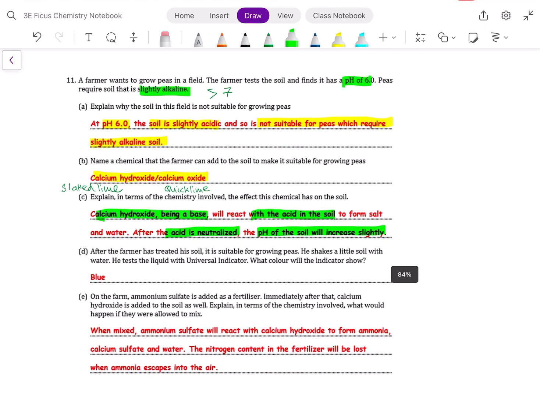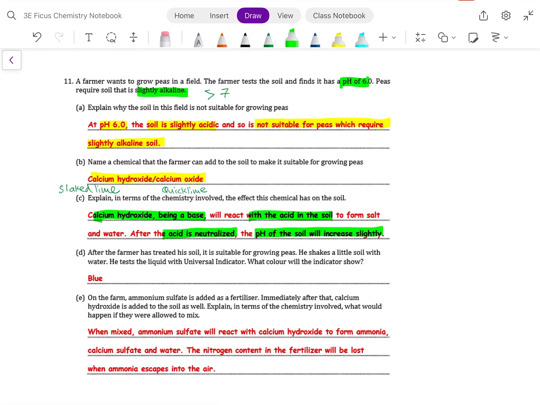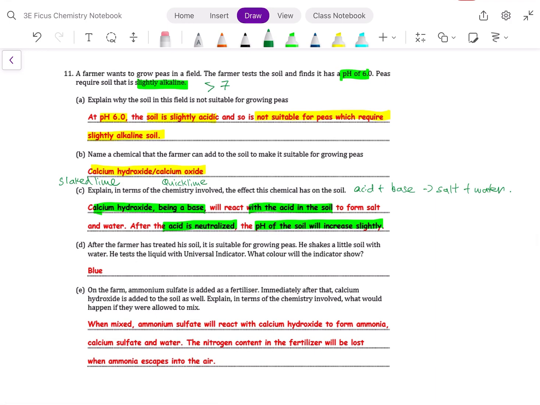So you're using a base to neutralize the acid lah. It's an acid plus base reaction to give you salt plus water. After the farmer has treated his soil, it is now suitable for growing peas. So maybe a pH around 8 like that lah. Slightly alkaline.